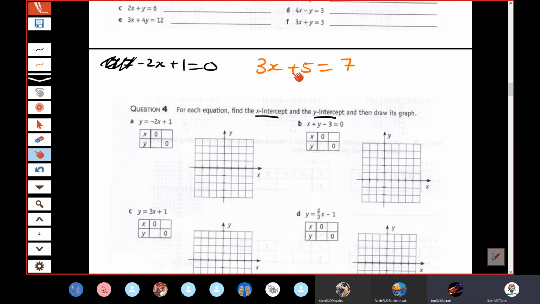So what happens to the x? So you first get rid of the plus 5 by minusing. And then you divide by 3. It's the same thing here. Yeah, so minus 1, that's perfect, and equals 0. Oh, equals negative 1.